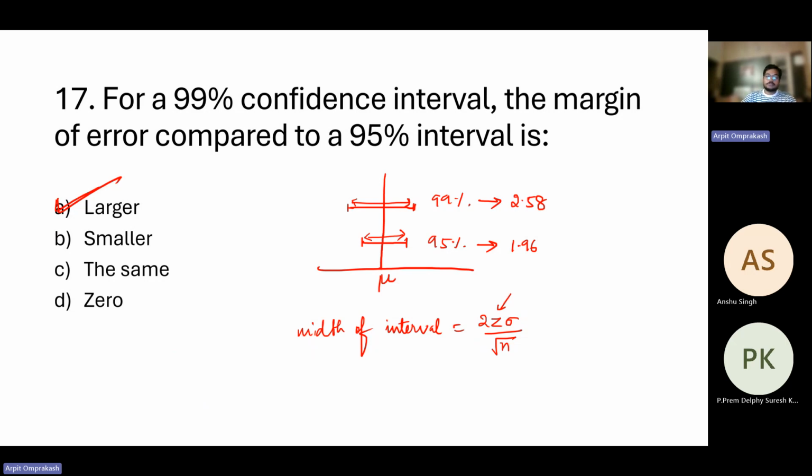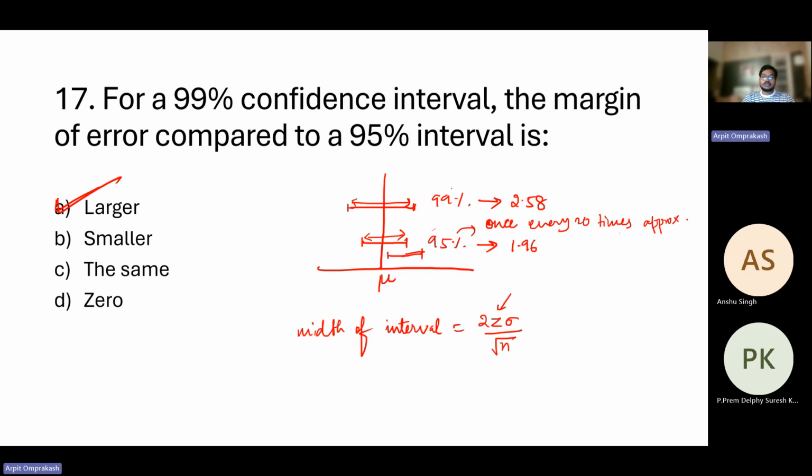So what this basically means is that in this 95% case, we can tolerate a 5% mistake. So once every 20 times, approximately, if we take samples and the range falls outside the mean, that is okay, right? That is bearable for us.